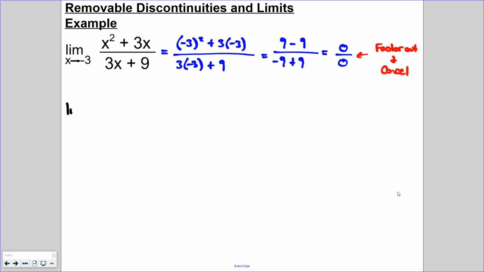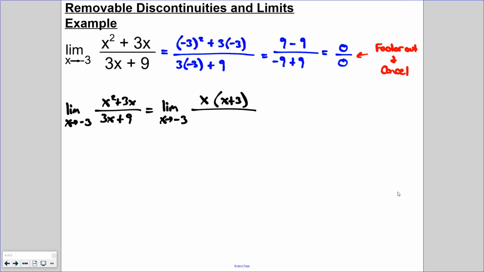So we're going to relook at the limit as x approaches negative 3 of x squared plus 3x over 3x plus 9. But instead of doing direct substitution now, we're going to see if we can factor the numerator, factor the denominator, and hope they have a factor we can cancel out. Well, let's see. If we factor the GCF out of the numerator, that would be x, leaving us with x plus 3.